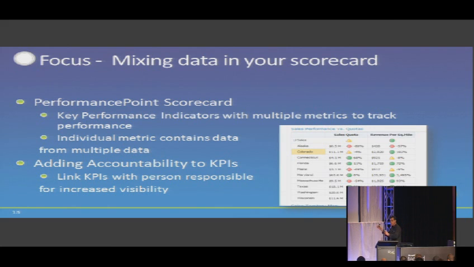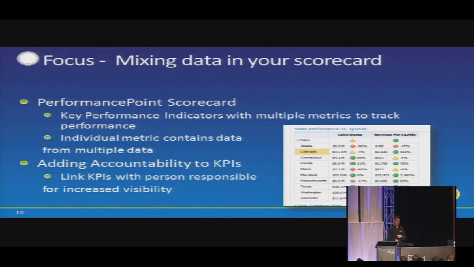They have all this other data hanging around that we can't get access to or would be too time-consuming or not enough business value to incorporate into a data warehouse. So by allowing us to mix the data inside the scorecard, we can now make a mashup of data. So we've got all the clean and conformed and well-known data from inside there, and then we can do a mashup by bringing in external data sources into our scorecard as well.